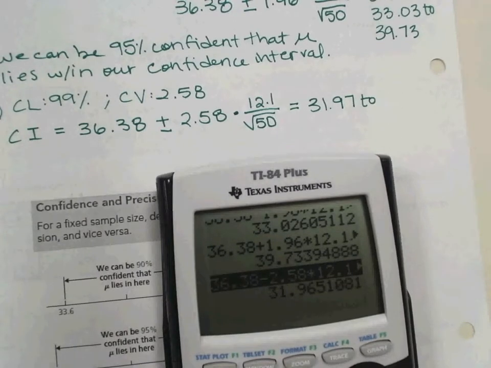Same thing, scroll up. Tell me when you've got it. If you're on an old school calculator, the way to scroll up, you press second enter. I would recommend using that TI-84 Plus calculators.